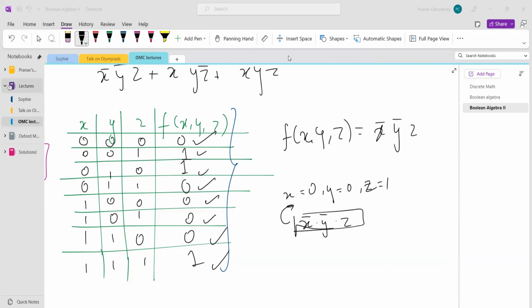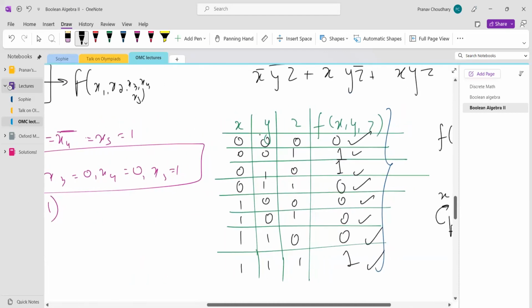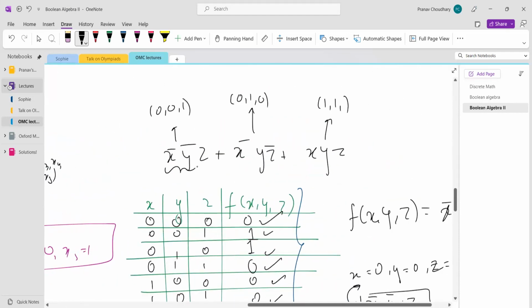Is that clear? Okay, nice. And in this form, you see that these three things are minterms, right? In 3 degrees, all of them.